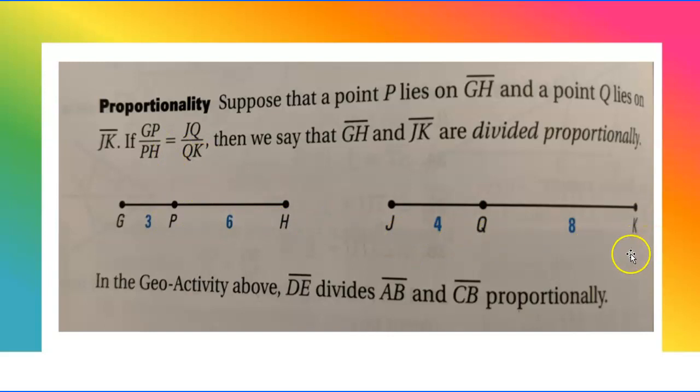And then we would plug the numbers in to make the determination about whether it is proportional. And so the little geo activity above that kind of leads to thinking through that. So if it were to be proportional, this one would come out to 3 over 6 would be 1/2 and 4 over 8 would be 1/2. So they would be divided proportionally. P and Q are divided proportionally on these lines.